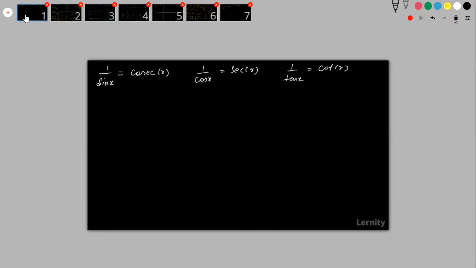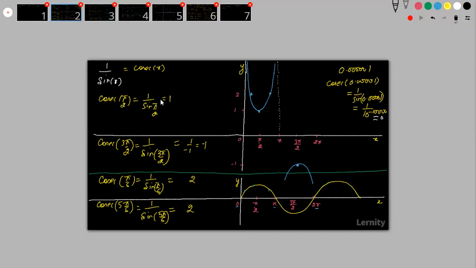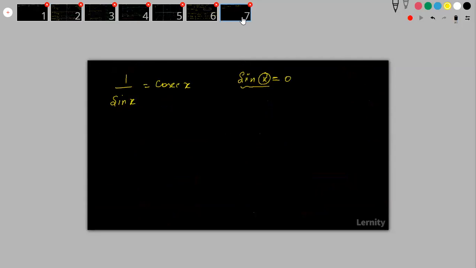If we look at the sine curve, it is 0 at 0, then pi, 2 pi, 3 pi, 4 pi, 5 pi, 6 pi, or minus pi, minus 2 pi, minus 3 pi, minus 4 pi. So sine x is equal to 0 for all x belonging to n pi, where n belongs to the integers.